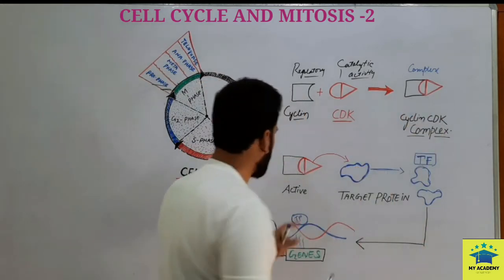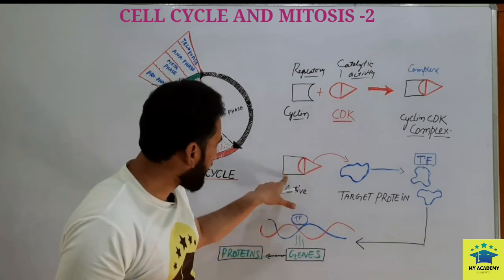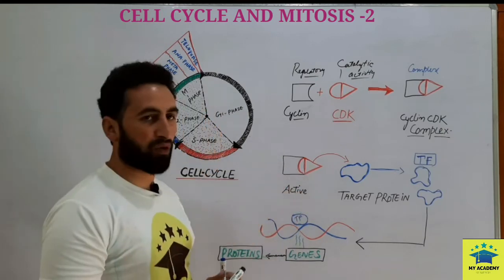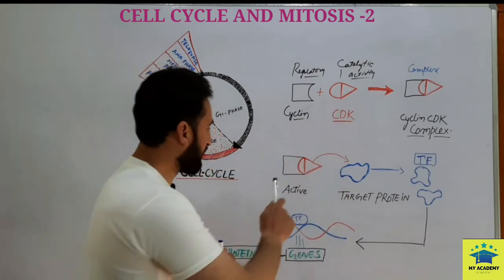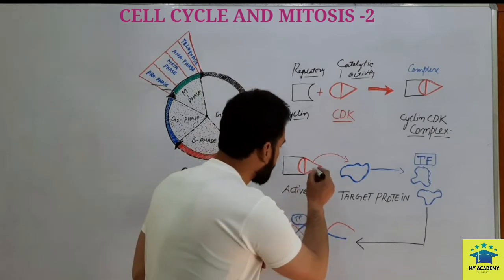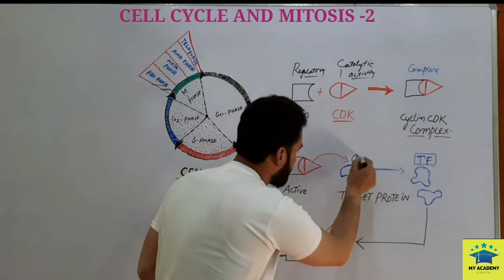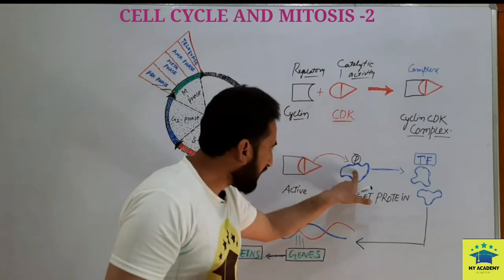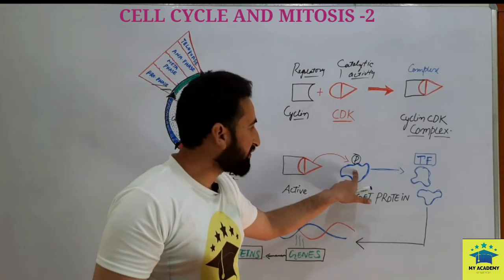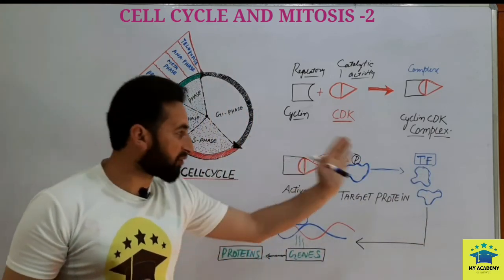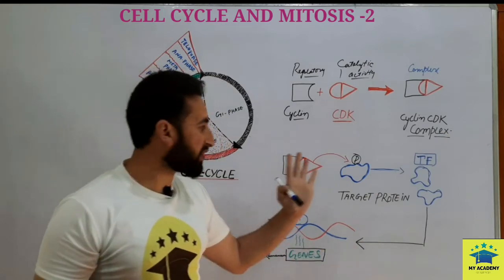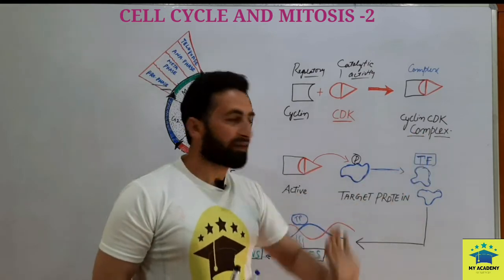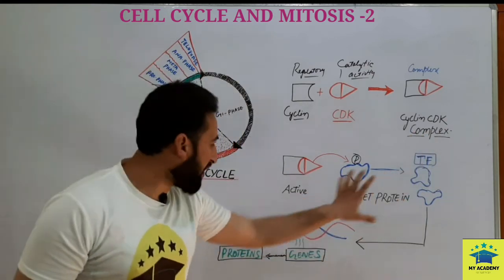Now this cyclin plus cyclin dependent kinase is active and ready to target the proteins, and it adds the phosphate group to them. That is kinase activity. Then the target protein also gets activated and phosphorylates other proteins, which may be transcription factors that bind the DNA.